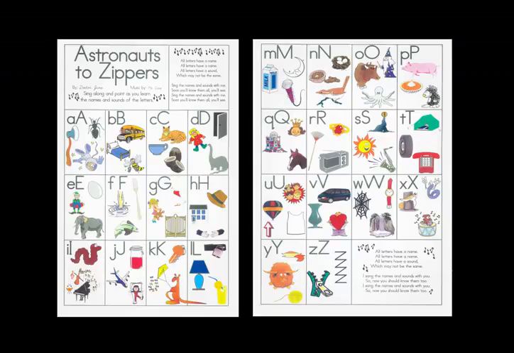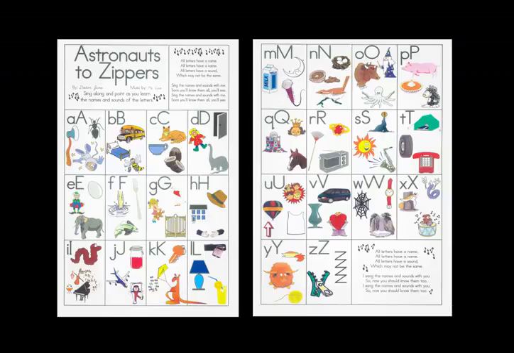A says a, accent, astronaut. B says b, bus, bed and bumblebee. C says c, cat, cup and coconut. D says d, door, doll and dinosaur. E says e, egg, elf and elephant. F says f, fork, foot and flying fish. G says g, goose, girl and golden gate.